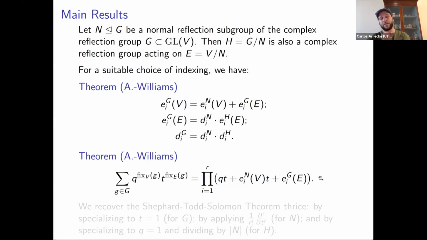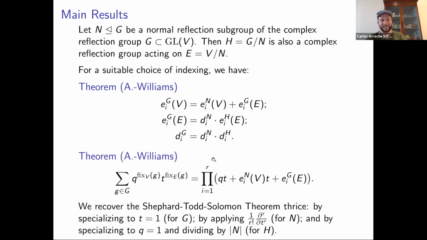Below that, you see we have our generalization of the Shephard-Todd-Solomon formula, but now involving the additional combinatorial data of the complex reflection group. And so I would like to briefly convince you that this is indeed a generalization. I mean, it has roughly the same shape, but in fact, it can recover the Shephard-Todd-Solomon formula for the three reflection groups that appear here.